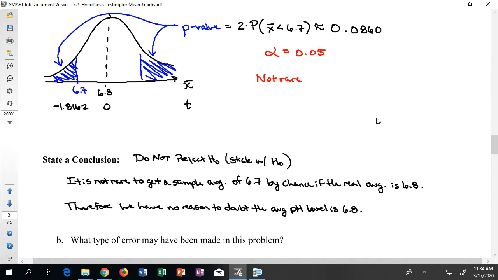I don't have any reason to doubt that. I could also say, I didn't find any evidence to doubt that. I didn't find any evidence to believe that it would be something different. Boom. Essentially, I think I'm going to go with the company's claim here. No reason to disbelieve them yet.